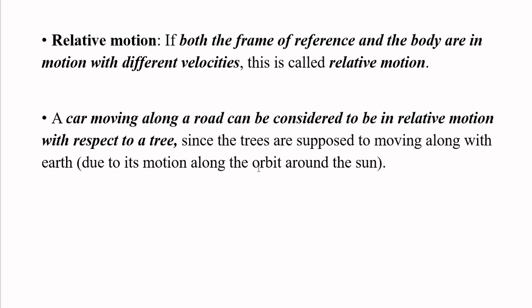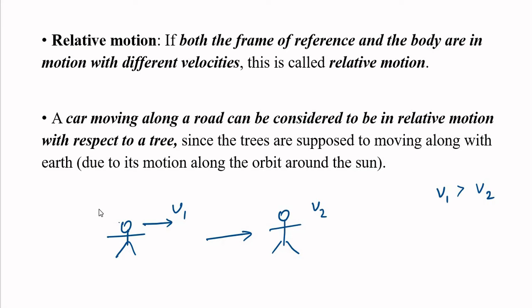Then relative motion. If both the frame of reference and the object under study are in motion with different velocities, not the same velocity, then it is called relative motion. Take the same example: if one of the boys is moving with a velocity v1 and another boy with velocity v2, and they are different, let's say v1 is greater than v2 or v2 is greater than v1.